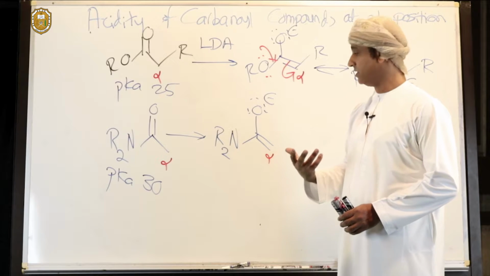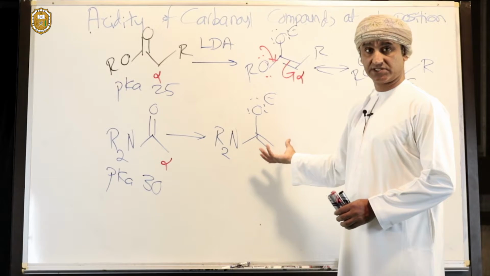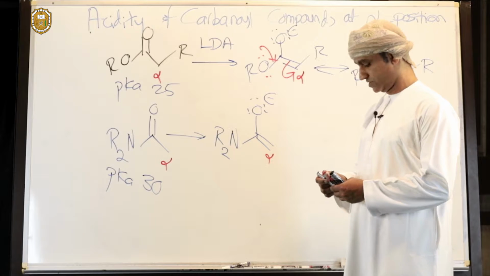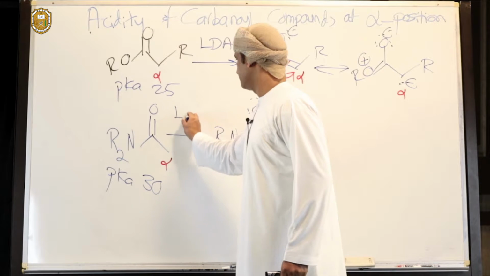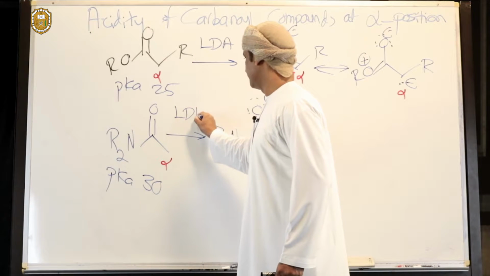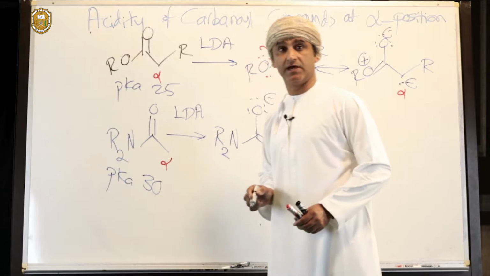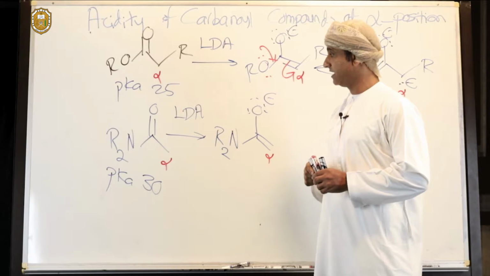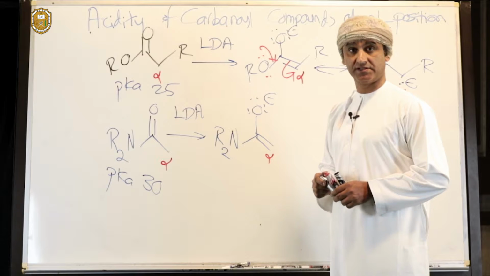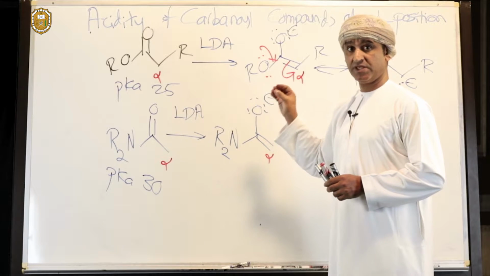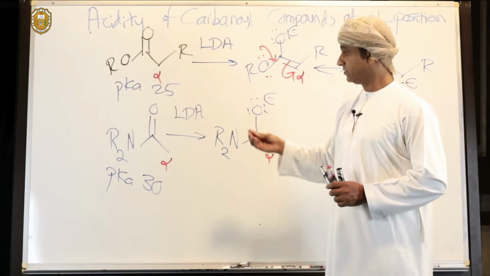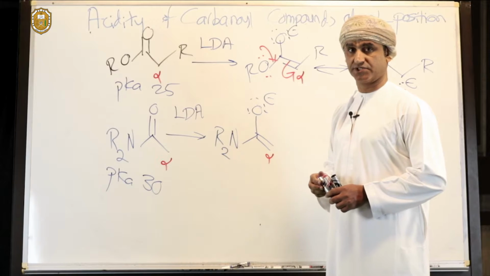So why is that so? Well, to make this enolate, to start with, of course, LDA is also suitable because LDA comes from the corresponding amine, that acid, which has a pKa of 40, still higher than 30. So LDA is still strong enough as a base to deprotonate amides at the alpha position.